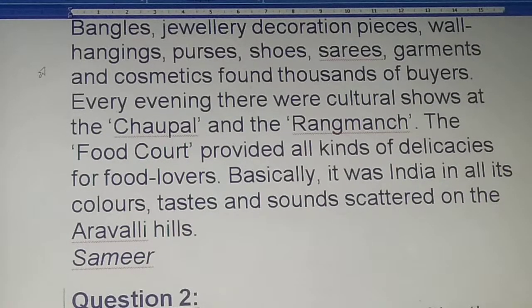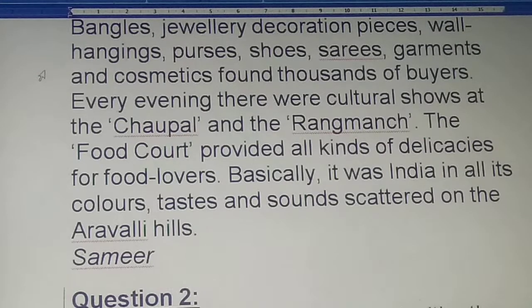Every evening there were cultural shows. The Chopal and the Rangmanch, the food court, provided all kinds of delicacies for food lovers. Basically, it was India in all its colors, tastes, sounds, scattered on the Aravalli Hills.